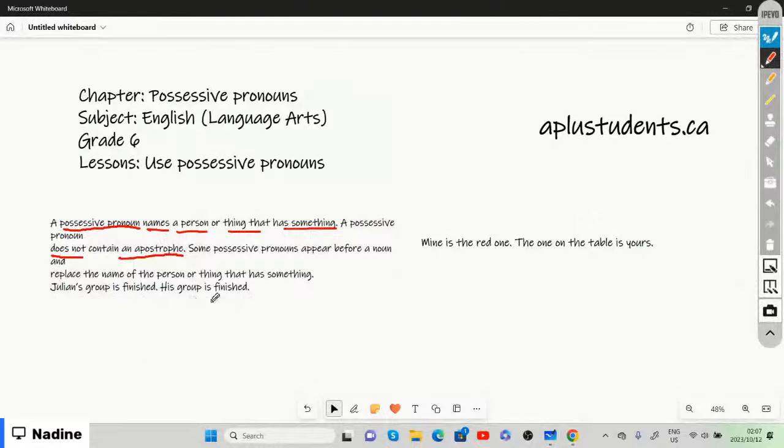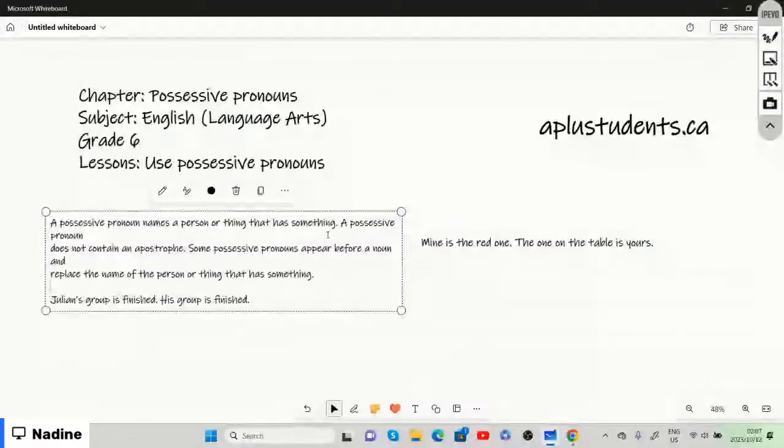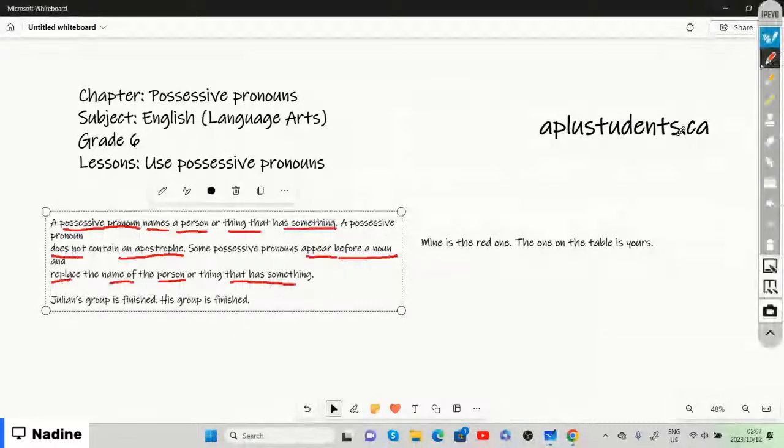And some possessive pronouns appear before a noun and replace the name of the person or thing that has something. An example is: Julian's group is finished.